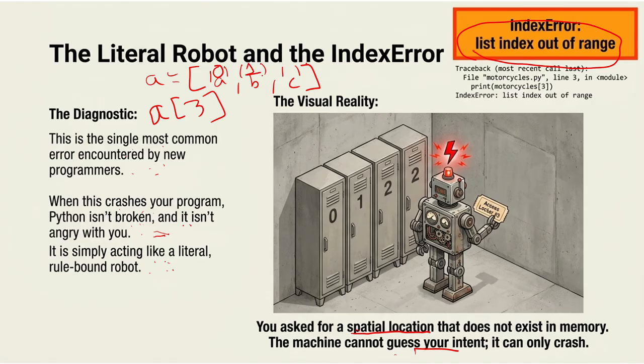The index of the second item? 1. The index of the third? 2. So the max index is 2, right? But you told it, give me index 3, and index 3 is not there, so that's why you will get this error, list index out of range. So you have to keep in mind the max index if you want to avoid this error.